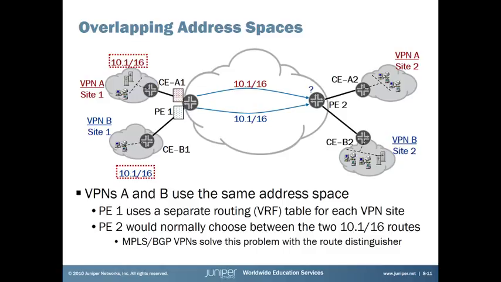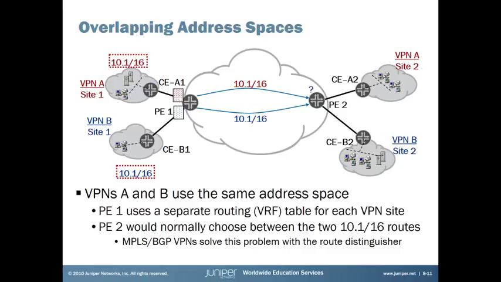That's what it would normally do. But we don't want it to choose one of them. We want it to accept both of them, because they actually are not two different routes to the same network at all. They're two different routes to two different networks. One is in customer site VPN A site 1, one is VPN B site 1. So they're actually to two completely different networks.